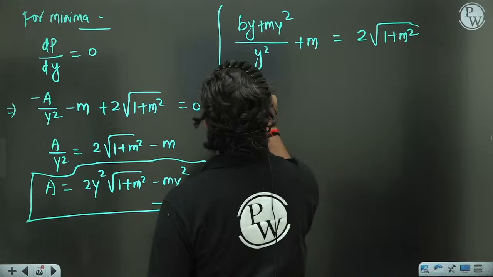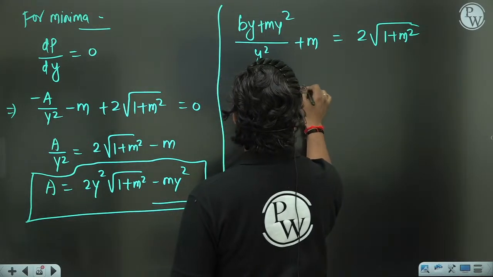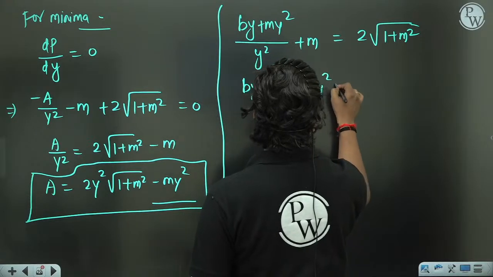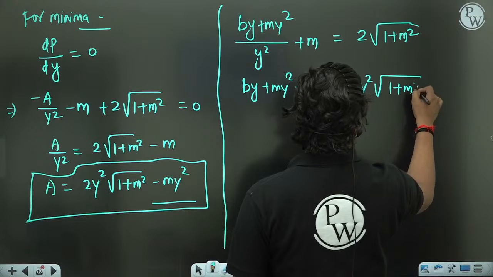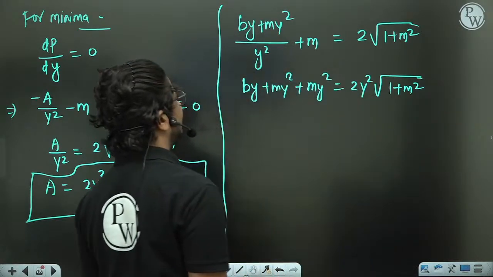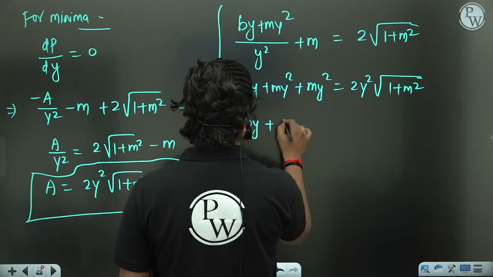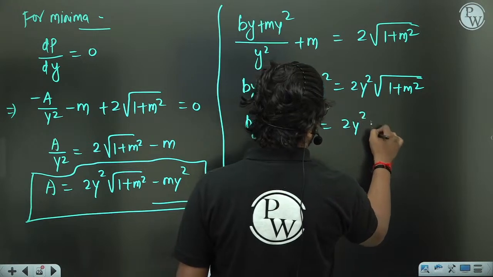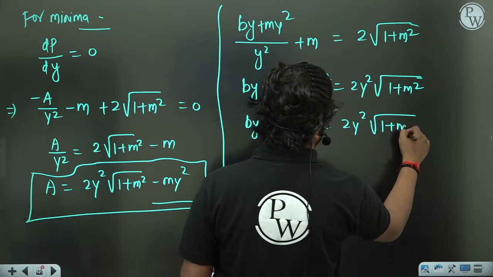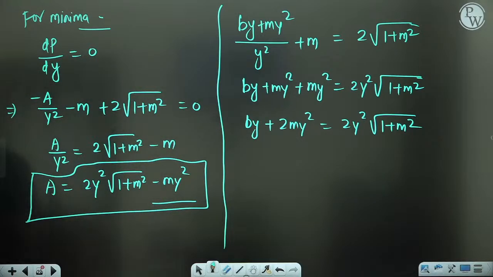Clear? So this will be by plus my square plus my square equal to 2y square root under 1 plus m square. So this is by plus 2my square is equal to 2y square root under 1 plus m square. That's what we are getting till here.